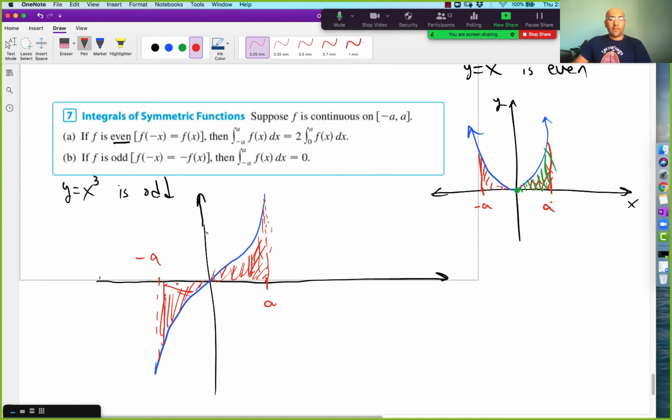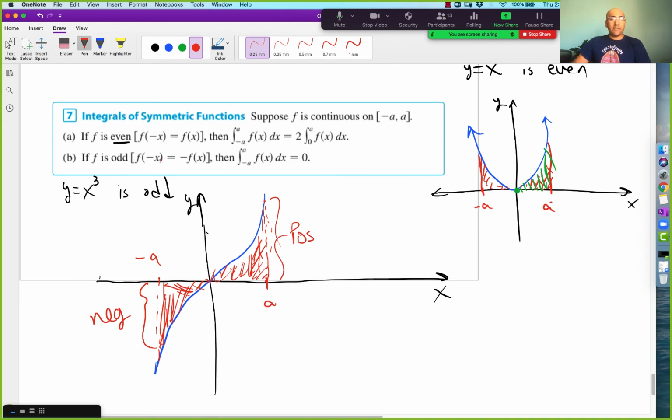Remember that when the area is below the x-axis, we consider it to be negative. This is negative because it's below the x-axis, and this is positive because it's above the x-axis.